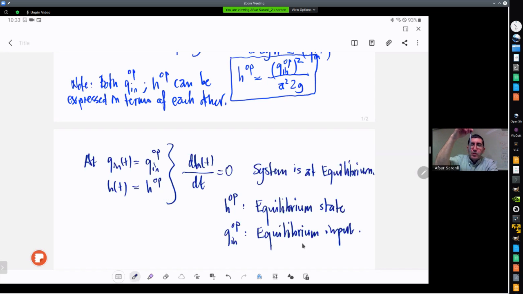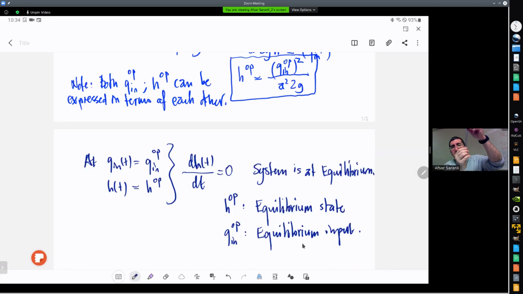Think about the pendulum. Now the pendulum is a system without any input. So there is gravity involved. Here there are two equilibrium points, one downwards and one upwards.